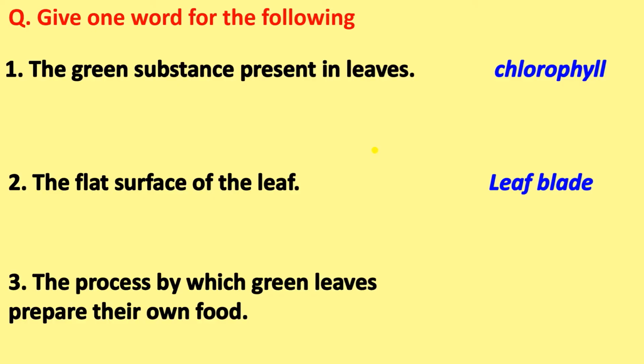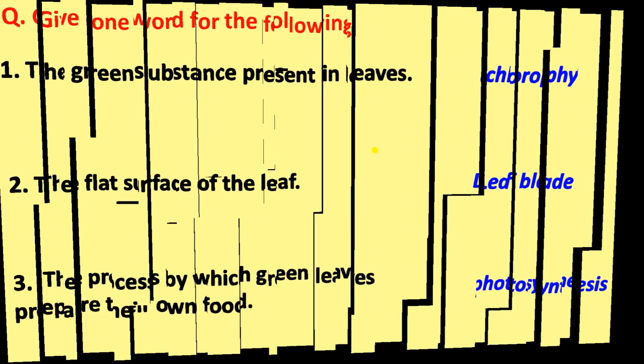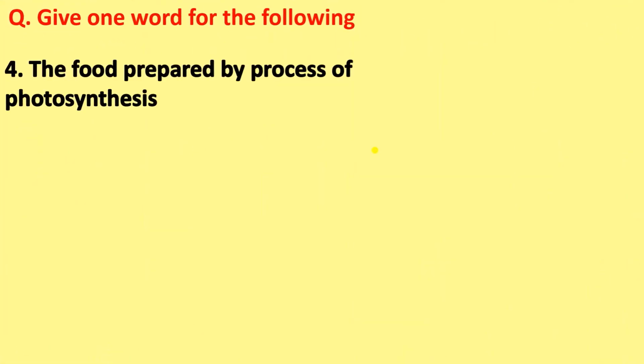The process by which green leaves prepare their own food. Photosynthesis. Next, the food prepared by process of photosynthesis. Glucose.